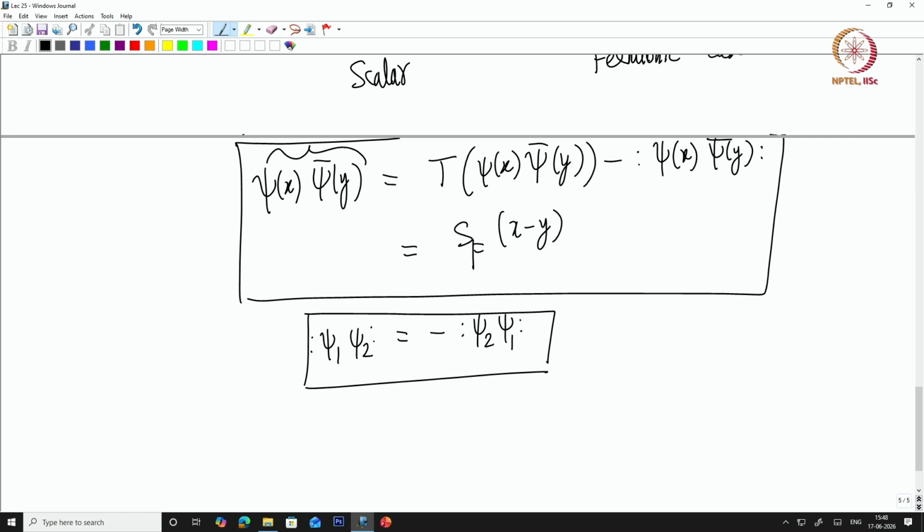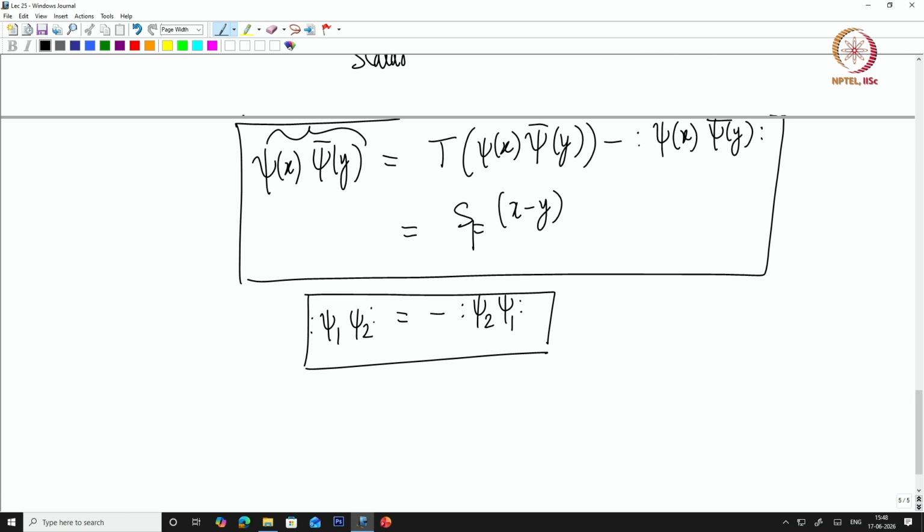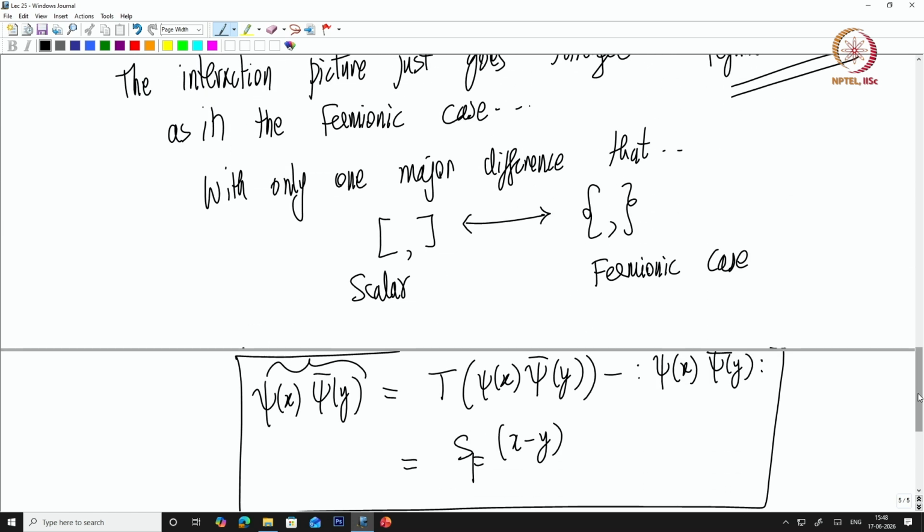Now with this understanding, inside the time ordered product, whatever n number of field operators we put in, all the commutators are replaced by anti-commutators for the fermionic case.